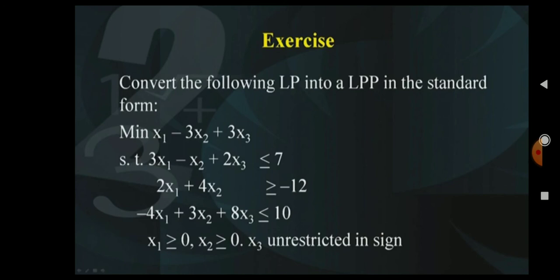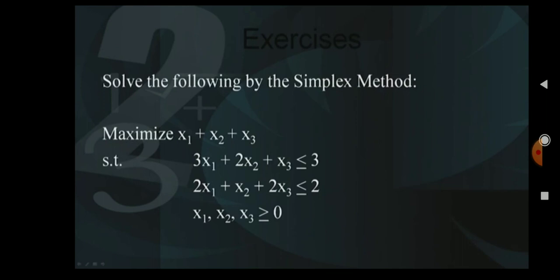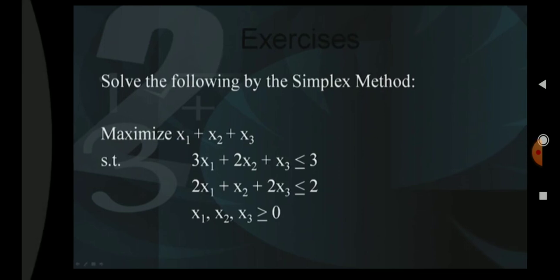The remaining things are the same, so you have to put it in standard form and then solve it. Another problem is a maximization problem, which is much simpler than the previous one. Okay, thank you very much.